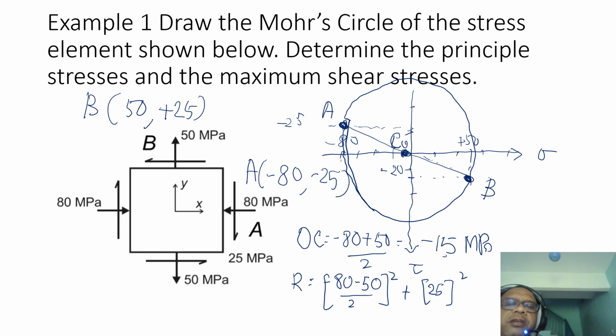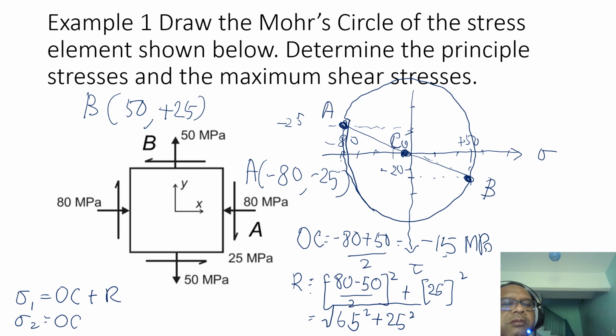So 80 plus 50 is 130, divided by 2 is 65. 65 squared plus 25 squared, square root. So you can find that sigma 1 equals OC plus R and sigma 2 is OC minus R. Okay, can you do that?